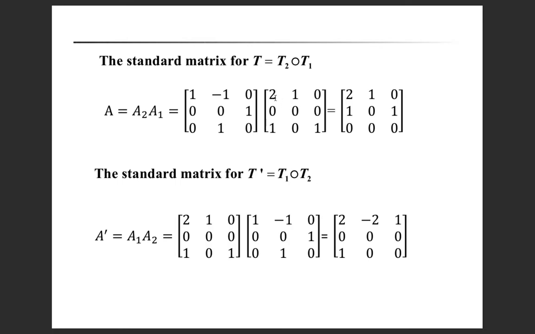A1 we found to be 2, 1, 0; 0, 0, 0; 1, 0, 1. If we multiply these two matrices with the usual multiplication, first row with first column: 1 into 2, minus 1 into 0, 0 into 1, then we get 2 here.